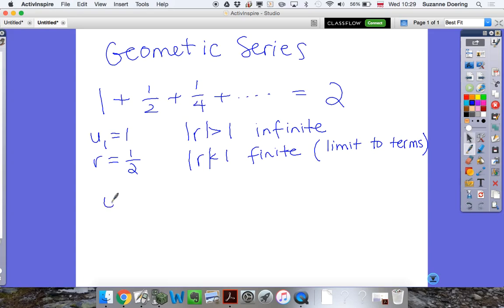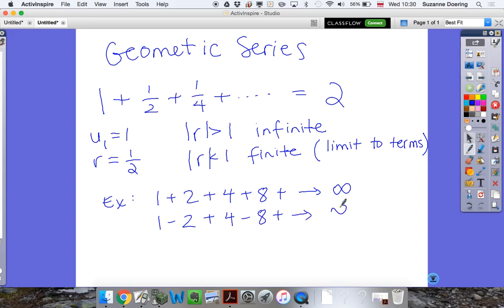But if we have, for example, 1 plus 2 plus 4 plus 8, that will be infinite. She's also saying if we have a ratio of -2, where we're bouncing back and forth, adding and then subtracting, this also is going to get infinitely big. And this will in fact be the case.